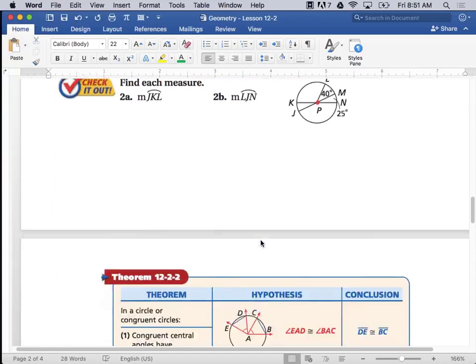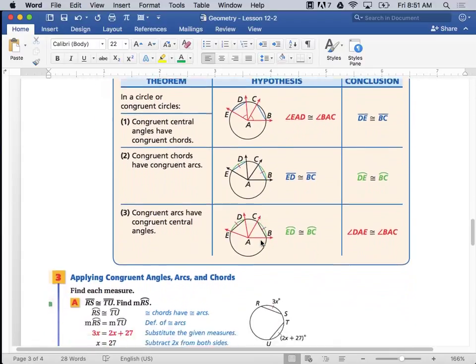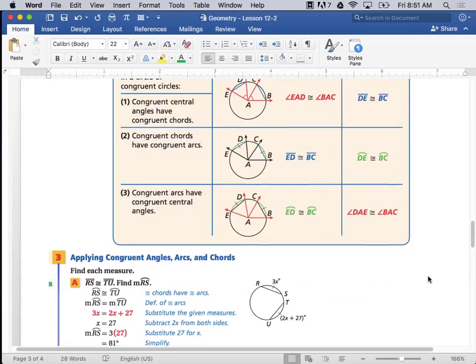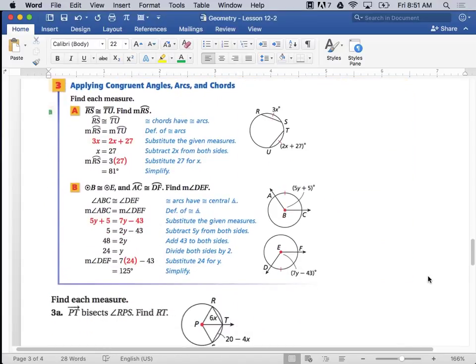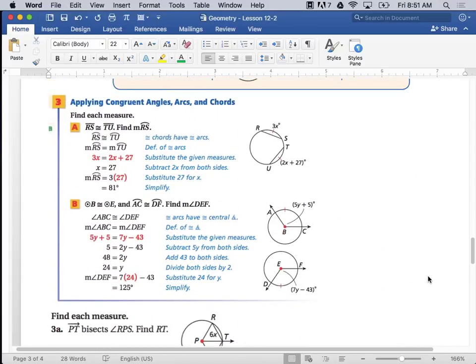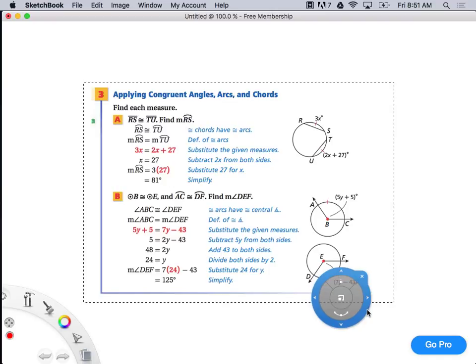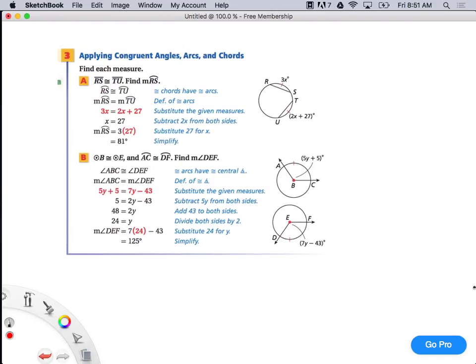Now, next, moving forward. What this says in the long run, guys, is that if I've got two chords and I tell you they're congruent, so I say RS is congruent to TU.